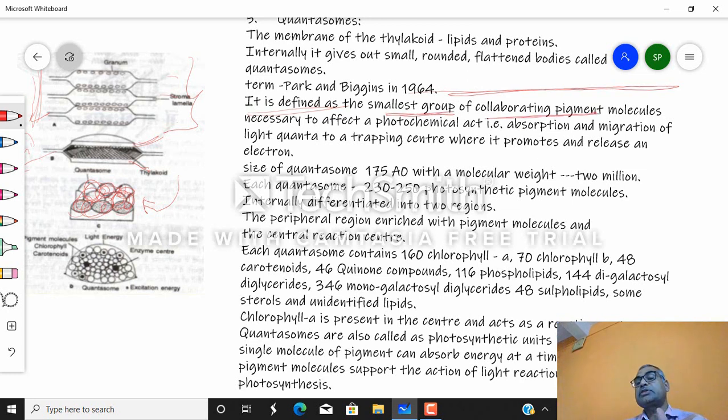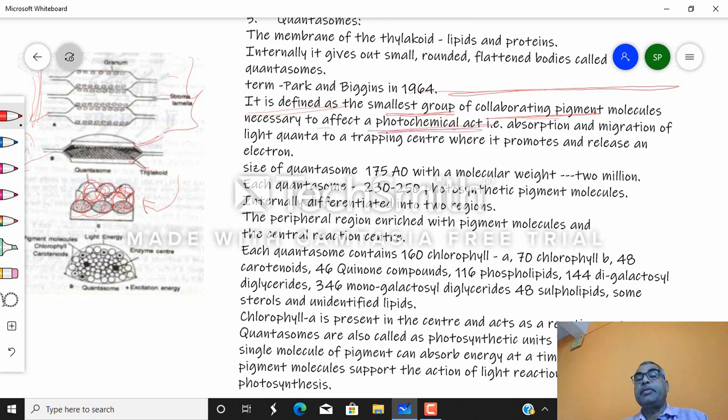Of course, the chloroplast consists of various types of pigments. It may be chlorophyll, carotenoid, or phycobilin.